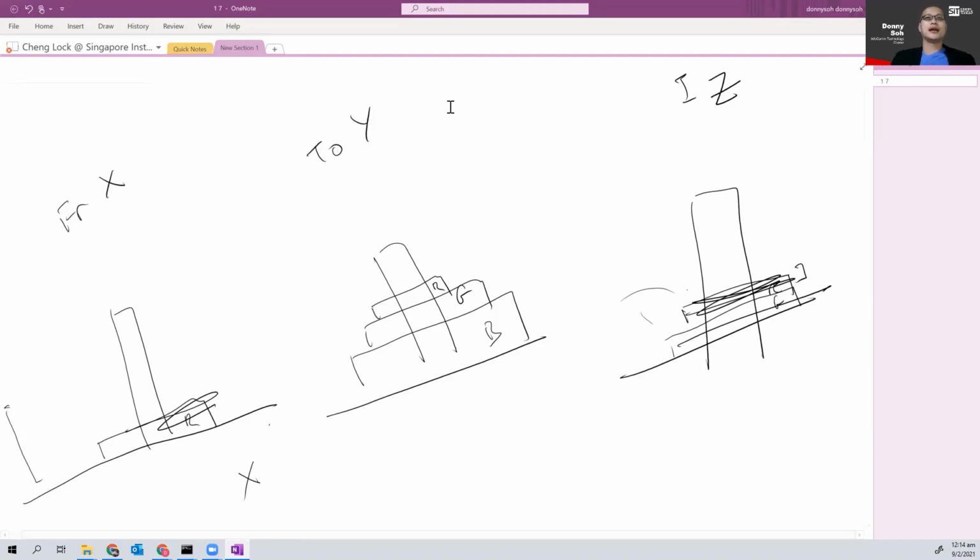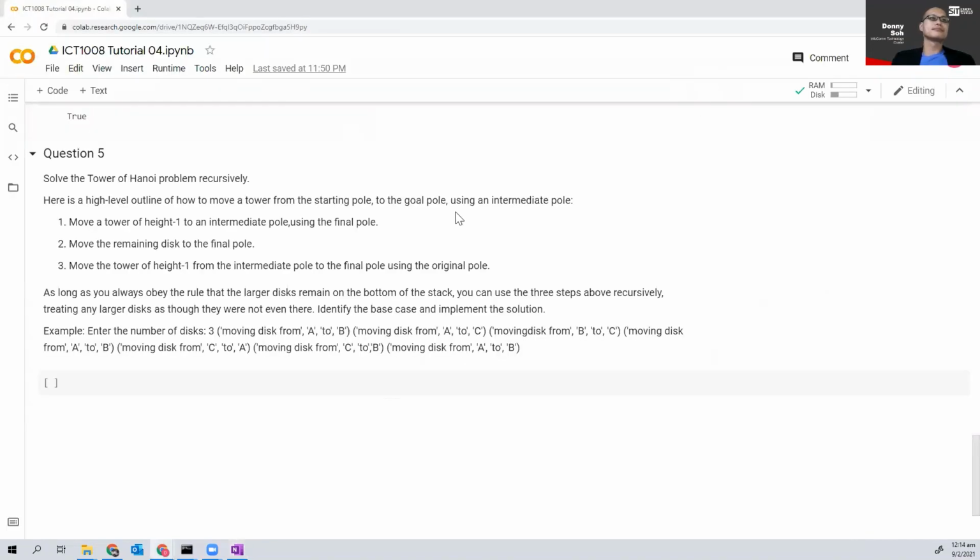Okay. At this point of time, let us look at the code. So it says that I want to move a tower first, which is the top part, to intermediate pole.